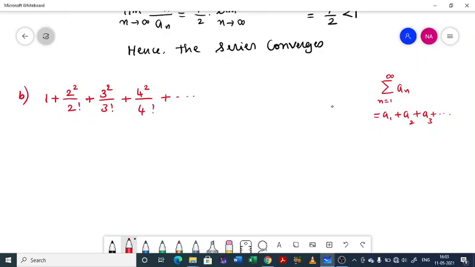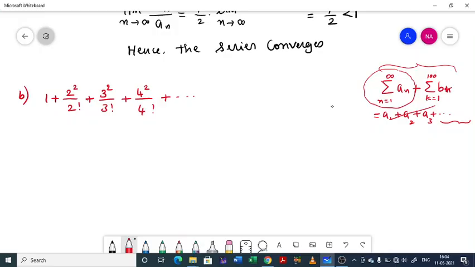See, if you remove these 3 terms and consider only this part, then the nature of the series won't change. Or if you add a few more terms b_k, k ranging from 1 to 100, finitely many terms I am adding, then if this series is convergent, then the sum will also be convergent. So adding or removing finitely many terms doesn't change the nature of the series. That you have to keep in mind.